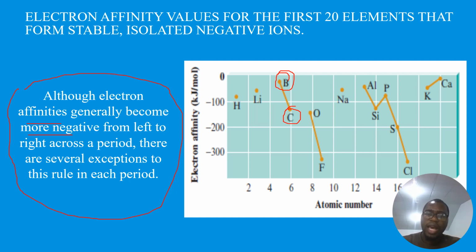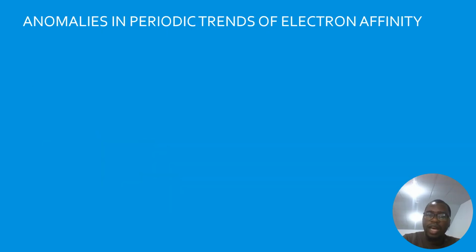The one which is more positive has less electron affinity. The one that is more negative has a higher electron affinity. So let's look at boron, for example. Boron is somewhere here, which can be a negative less than 100, but carbon is going to be negative above 100. So a negative that is above 100 is more negative. Therefore, it is going to have a higher electron affinity.